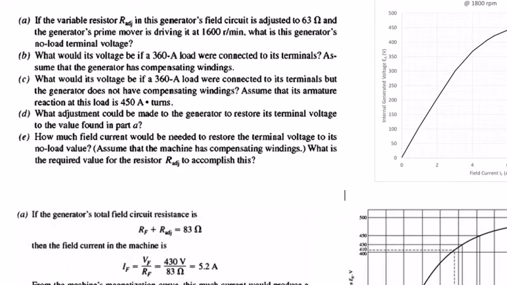And another thing that we need to understand, otherwise we will not be able to solve the problem, is that when it says there is no load, it means that the line current IL is equal to 0. When the generator doesn't have any load, the line current IL is equal to 0.